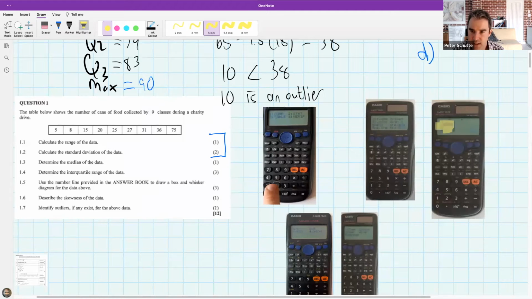Then you'll get a data column where you put all the data in. You go 5 equals, 8 equals and so on. Then once you've done that, you hit AC and then click Shift and 1. And then you should be able to get to the screen over here where you're going to choose 3.